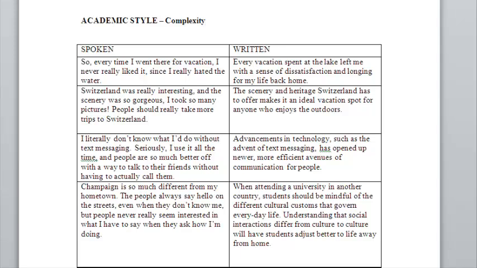Understanding that social interactions differ from culture to culture will have students adjust better to life away from home. So I've taken it away from my personal experience and put it in the broader context of the topic that I'm trying to address. Which is the other thing, you want to be able to make your topic applicable to more than one person, more than just to you. So how can you bring your topic into a more complex situation, into more of a general, broad scenario?